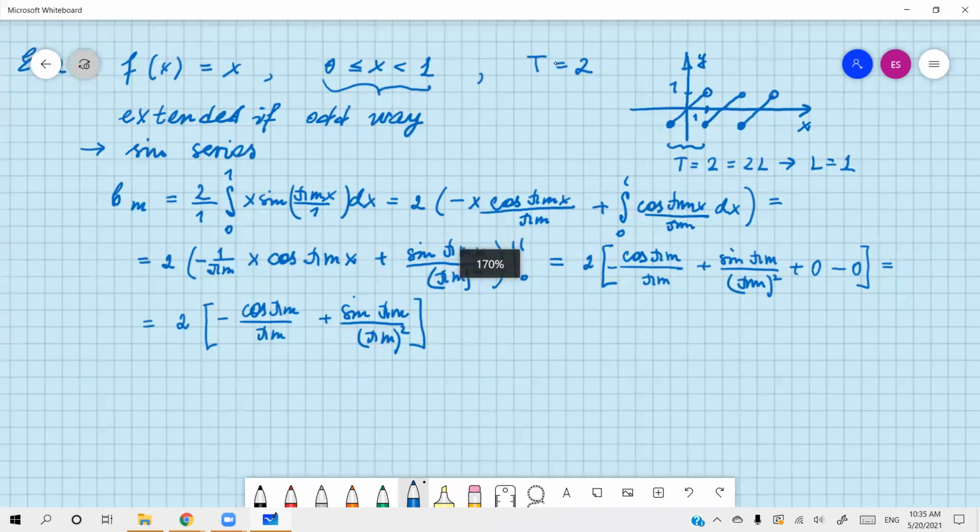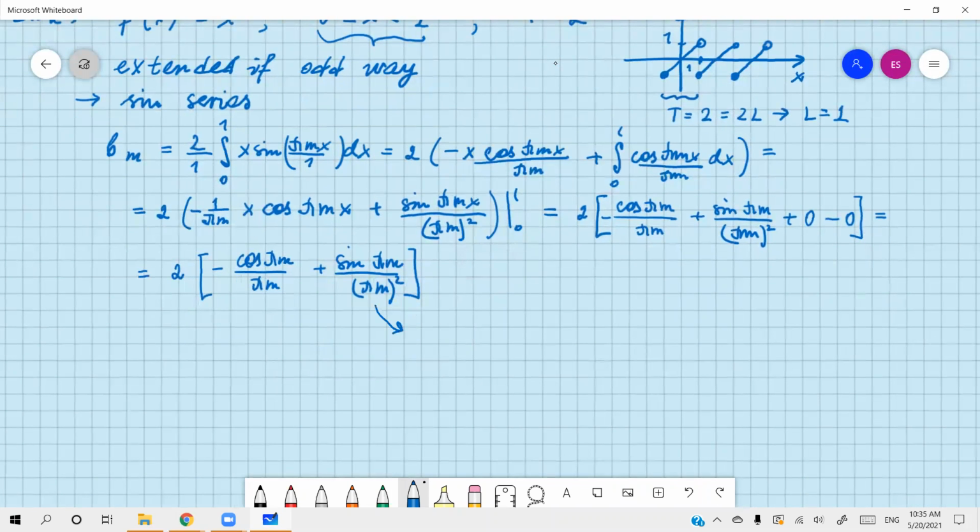Well, again, guys, we remember that sine of pi m is 0 at points here and here, right? So this one is 0. And cosine of pi m is going to give us minus 1 to the power of m, alternation, right? Let me draw the picture. That's going to be like minus 1, 1, minus 1, 1. So I'm going to summarize it as 2, maybe minus this minus in front, right? And 1 over pi m, and that's minus 1 to the power of m.